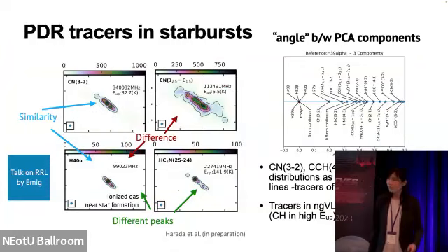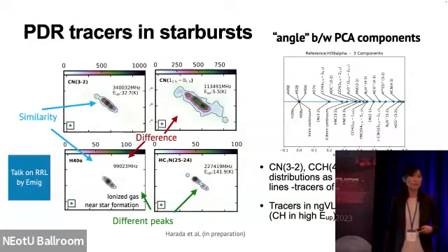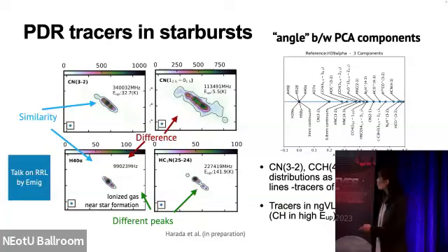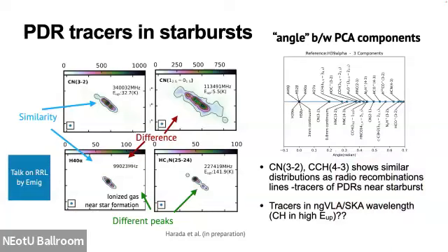We also did some statistical analysis of many moment maps, and we compared the radio recombination lines with many other molecules. The molecules that looked most similar to radio recombination lines are the transitions of CN or CCH with higher excitation.